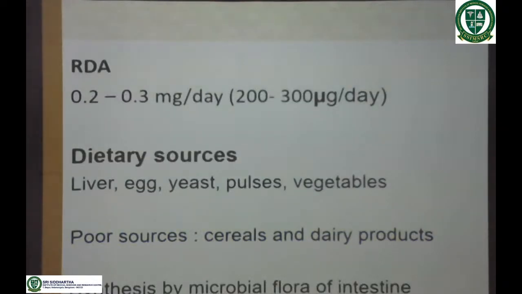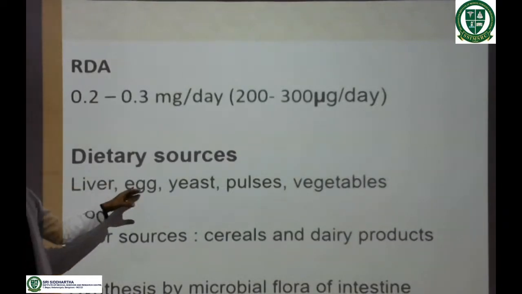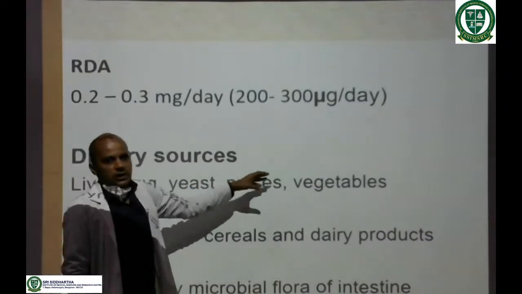Coming to RDA, the daily requirement is around 0.2 to 0.3 milligram per day, or else 200 to 300 microgram per day. This is the daily requirement of biotin vitamin. The important dietary source for biotin is mainly the animal source, that is liver, egg, yeast, pulses and vegetables.